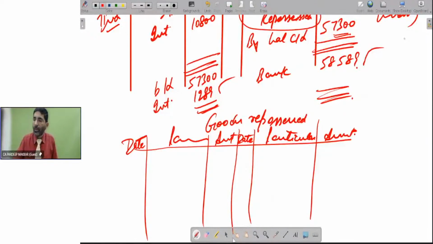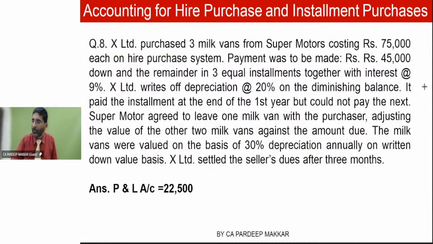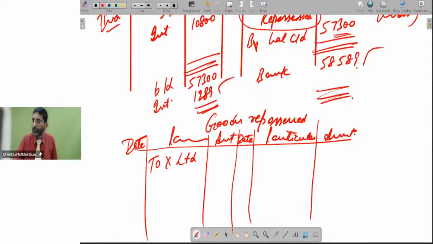In that case, when goods are repossessed, he will pass an entry: goods repossessed account debit to purchaser. Who is the purchaser in this case? X Limited. To X Limited. So he has repossessed the goods worth rupees 73,500.